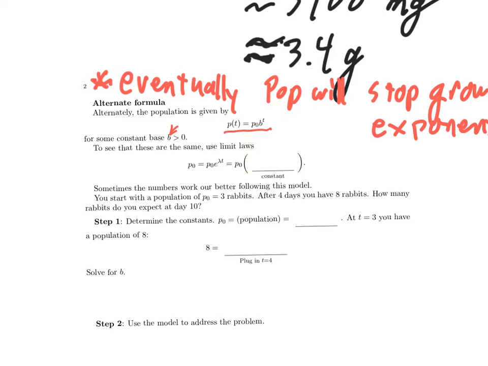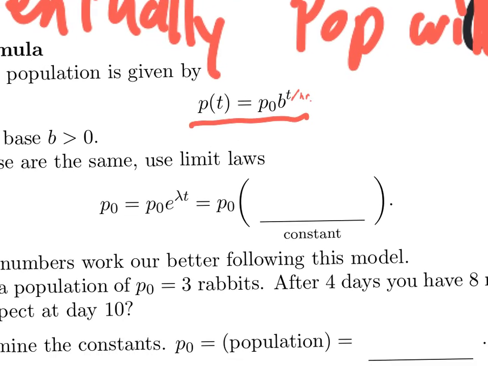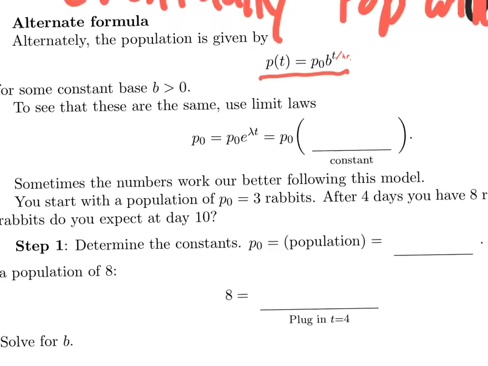It should be a positive number, and maybe this t should be divided by some unit of time, hours, because I don't know what b to the 5 hours means. I know what b to the 5th is, but not b to the 5 hours.